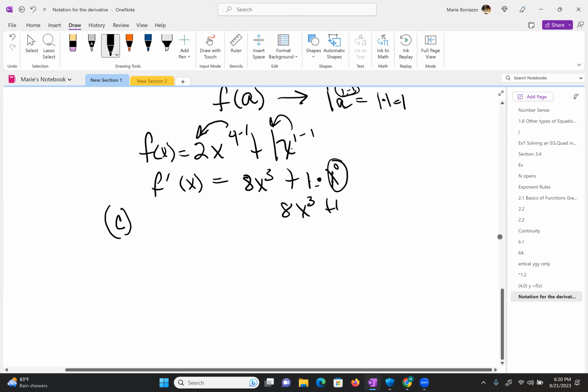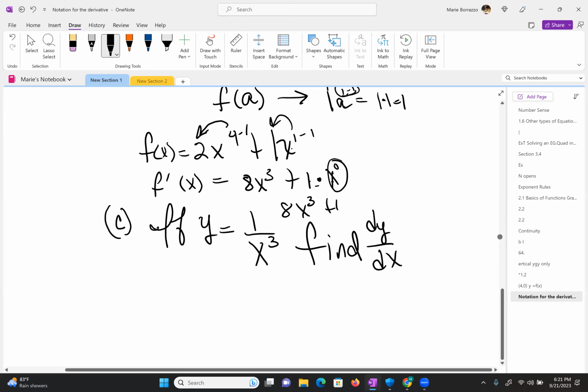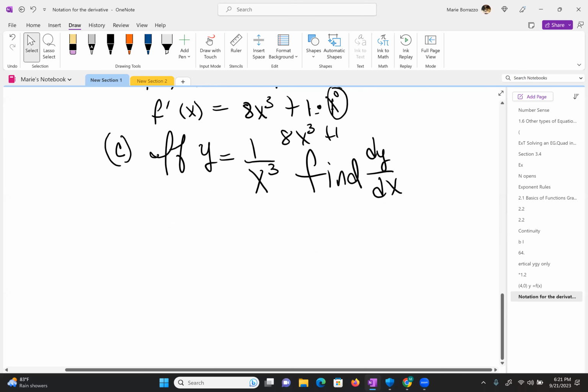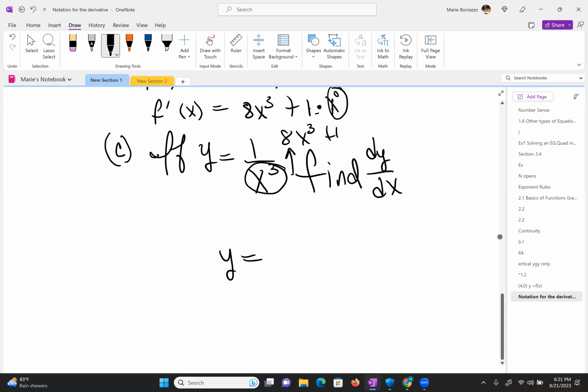So in example C, I'm going to ask you, if y is equal to 1 over x cubed, the question they're going to ask you will say find dy over dx. I briefly went over this, I believe, yesterday or the last time I saw you guys. Just remember, when it comes to these types of questions, once you bring that variable up, the exponent becomes a negative. So this is really y equals x to the negative 3, and you really have a variable 1.